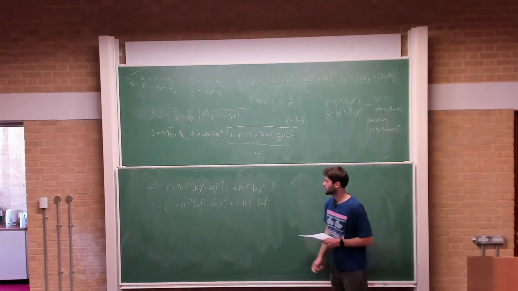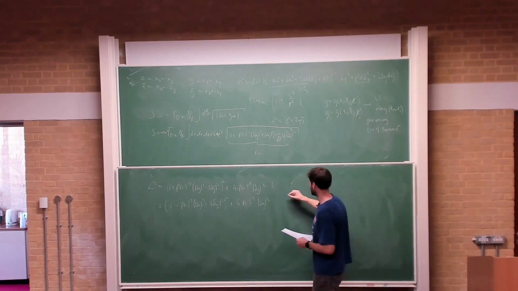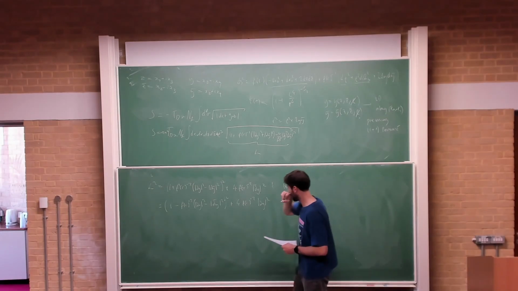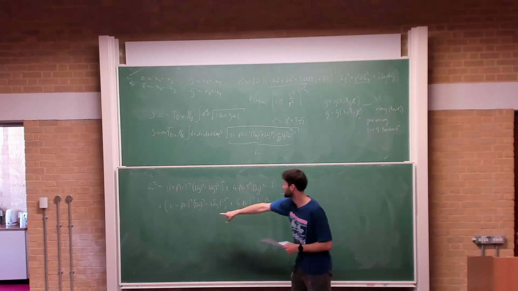And so we can deduce that the Lagrangian is bounded by the following quantity. Because all of these squares are positive, all of these terms are positive.